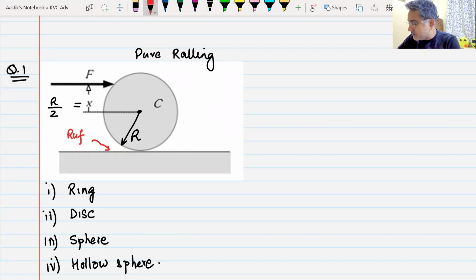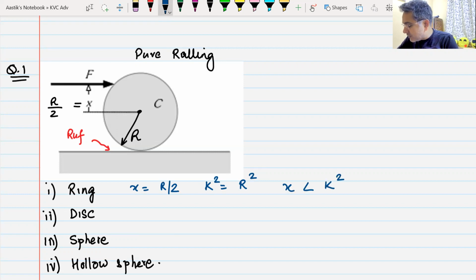For ring, let us first find out the value of x, which is the same for all. x is r by 2. The radius of gyration, remember, is about the center of mass. What is k square? It is r square, right? Yes, sir. And in this case, x is smaller than k square by r.